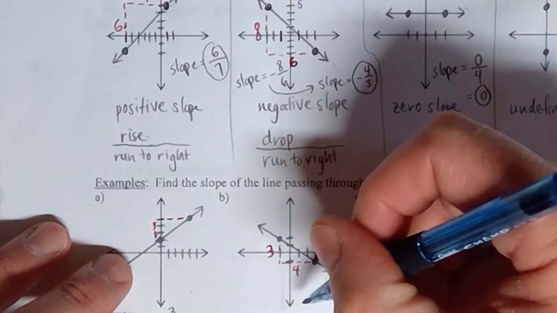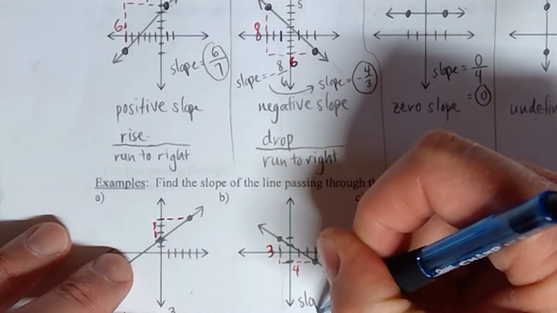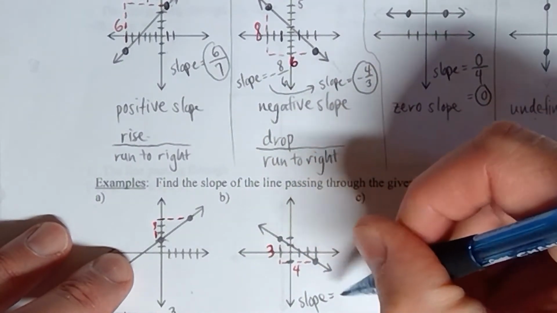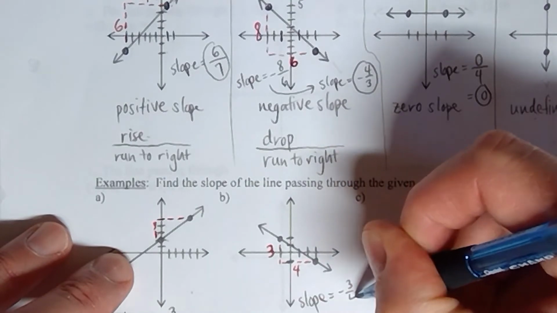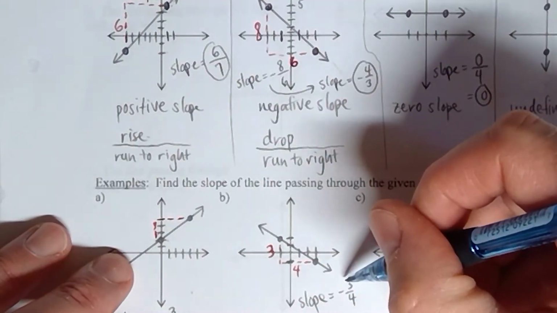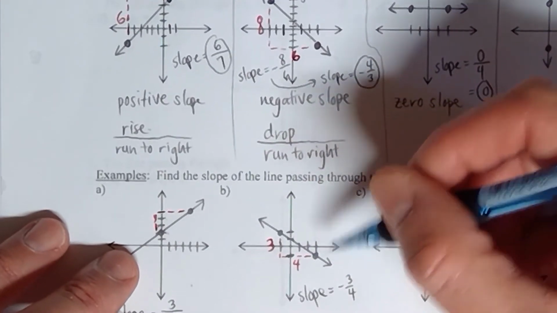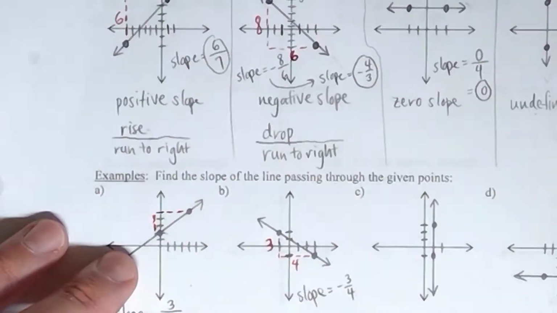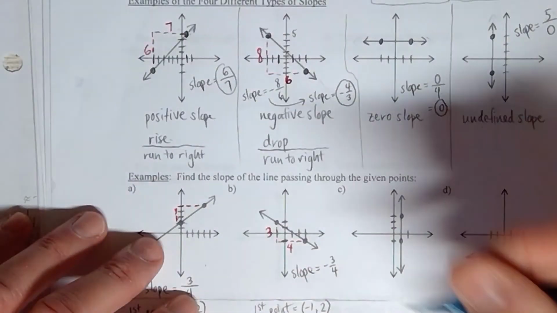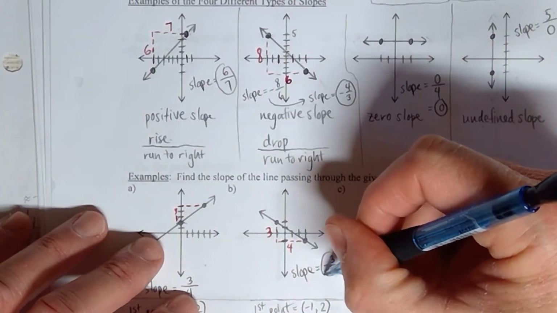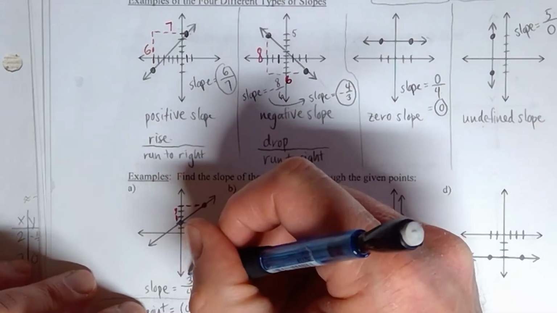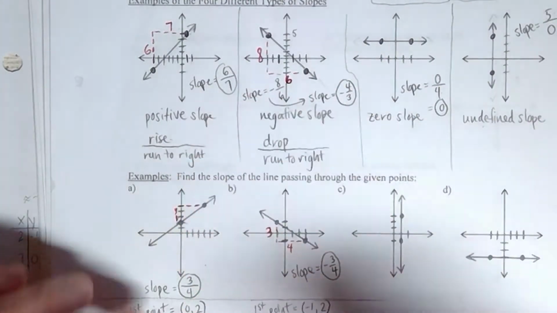So the slope there is not 3/4, it is -3/4, because you have to force the slope to be negative when it goes down as you move from left to right, just like in this example up here. And so the slope is -3/4 right there. Over here it was +3/4.